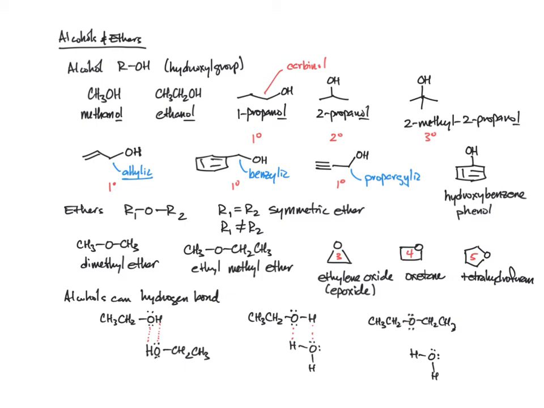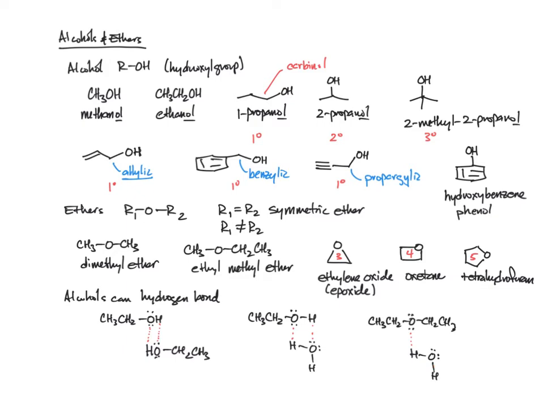So there still is an interaction, but notice it's only one, right? Whereas the ethanol acts as a donor and an acceptor with the water, the ether can only act as an acceptor of that hydrogen bond. So this is an example of why ethers would be less miscible in water than alcohols.